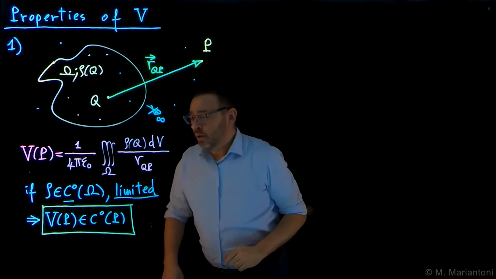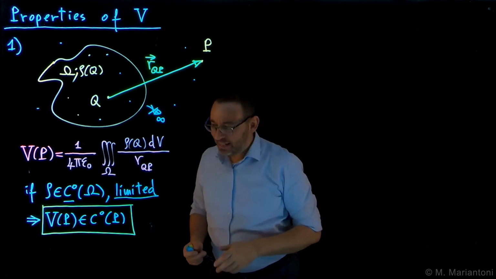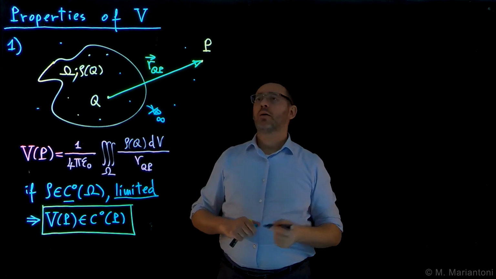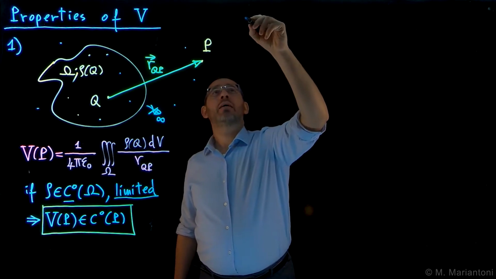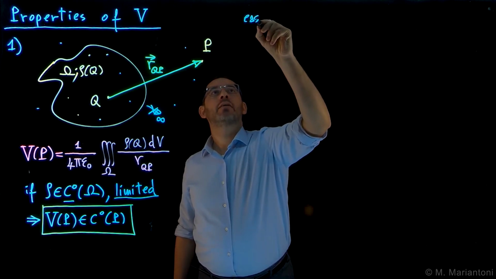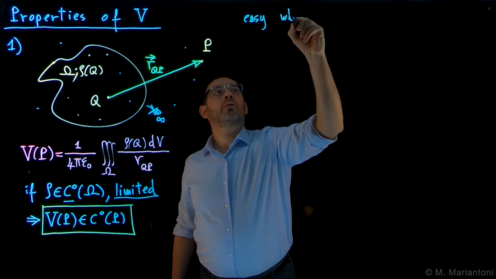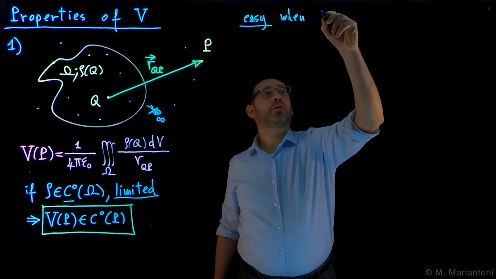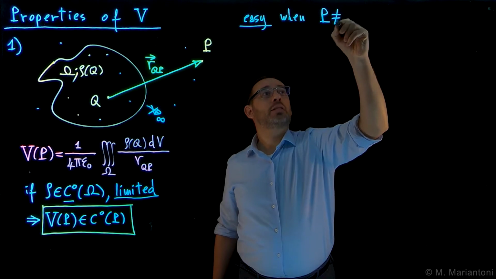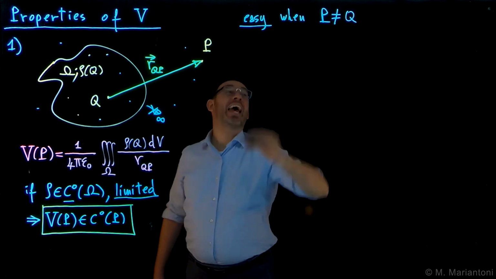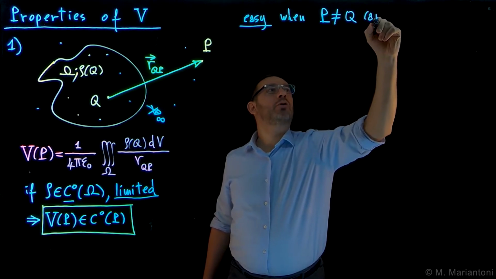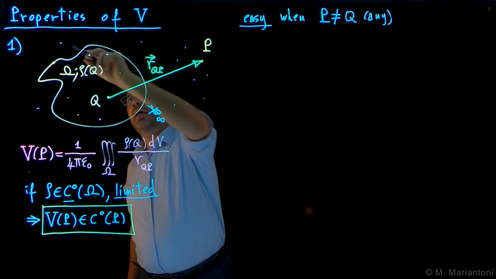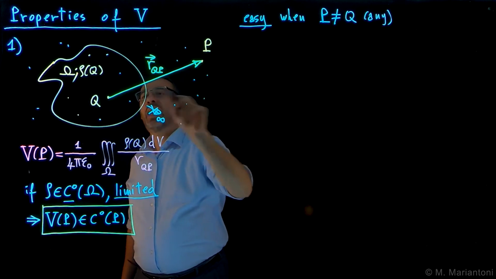All right. Why is that? Well, it's very easy to explain why this is true when point capital P does not coincide with any point capital Q, that is, when capital P is always outside the region capital Omega.